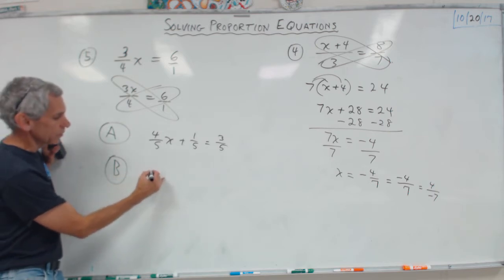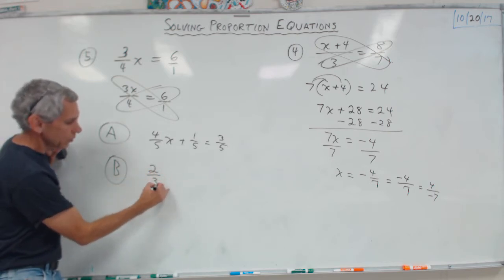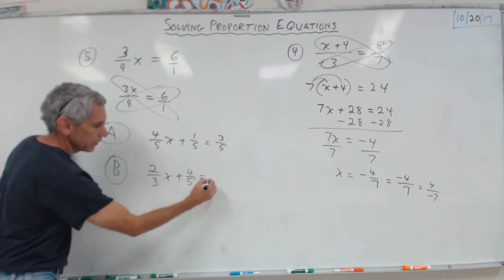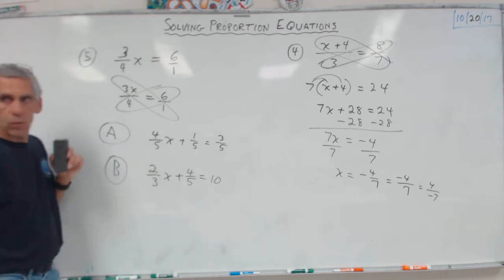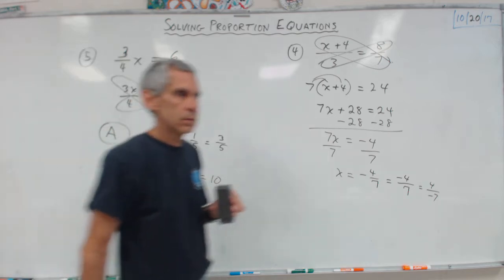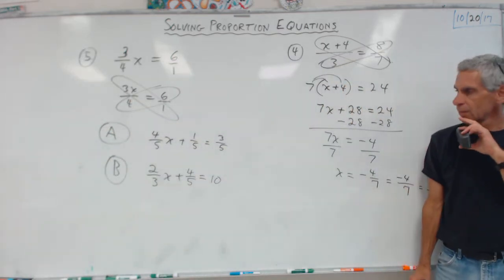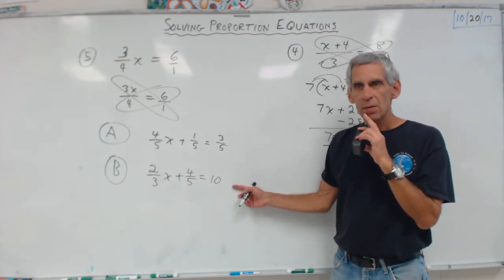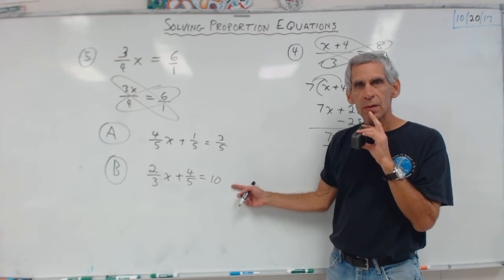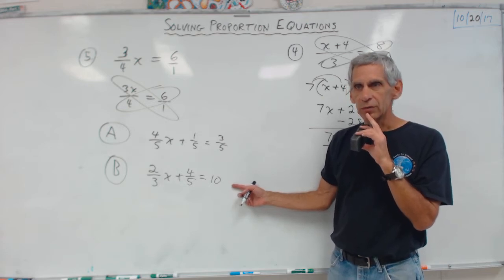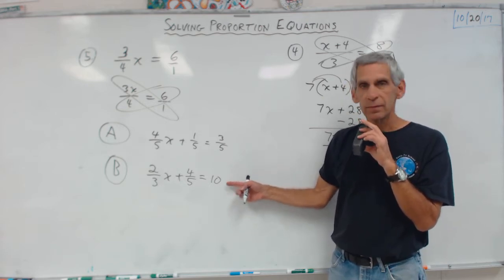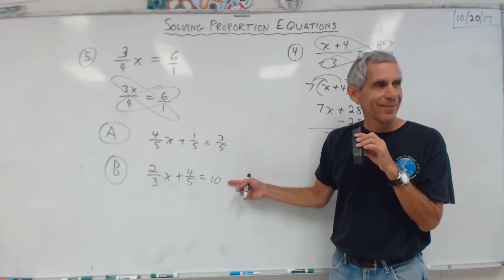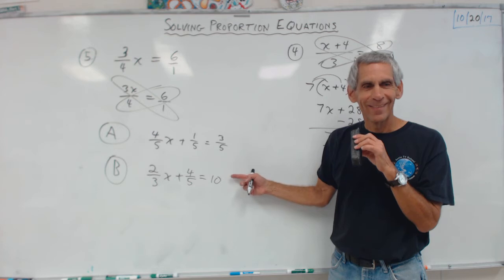Okay, how about this? How about 2/3 x plus 4/5 equals 10? What method would you use? I see one hand. I'm waiting to see more hands. Look at this hand, guys. Raise your hand. There you go, Lucas.